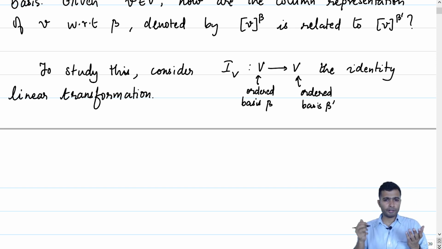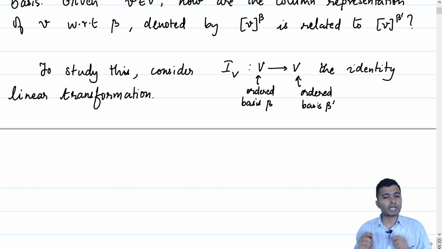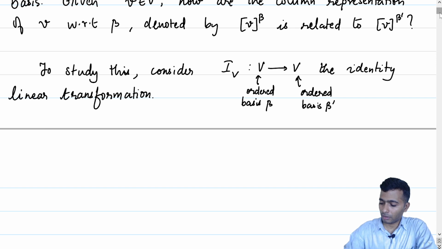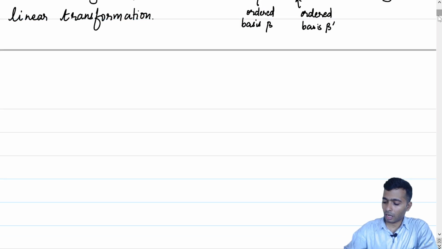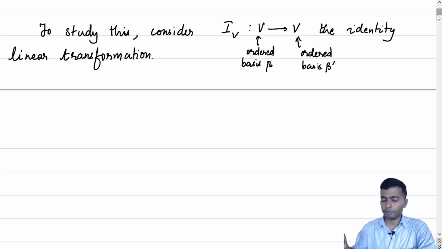Remember, for V and W, we have to fix a basis for V and a basis for W, and then look at the matrix corresponding to these two bases, and that is precisely what we will do here. We would like to see how the matrix of identity with respect to beta and beta prime looks like.